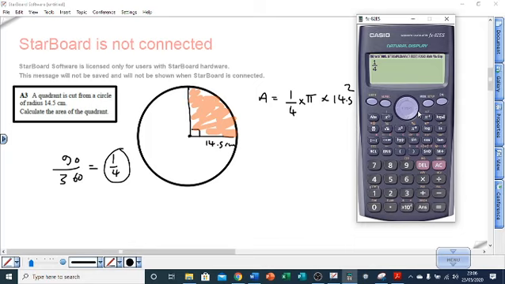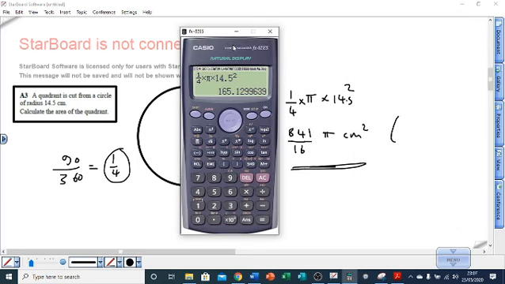So again, that's 100% accurate. 841 over 16 lots of pi. It's an area and it is in centimeters squared. Now again, you might have rounded it to 1 dp or whatever, but I'll just do it to 1 dp. So 165.1 centimeters squared.